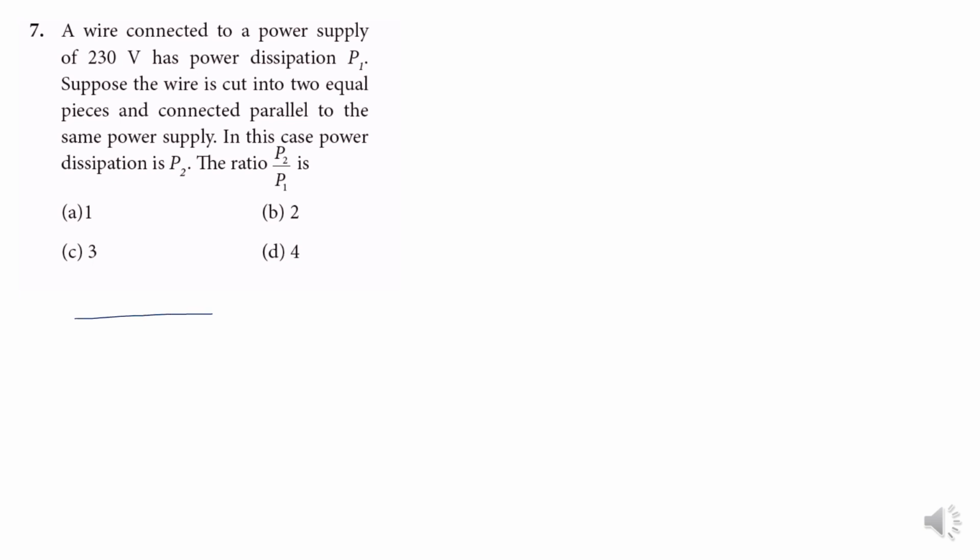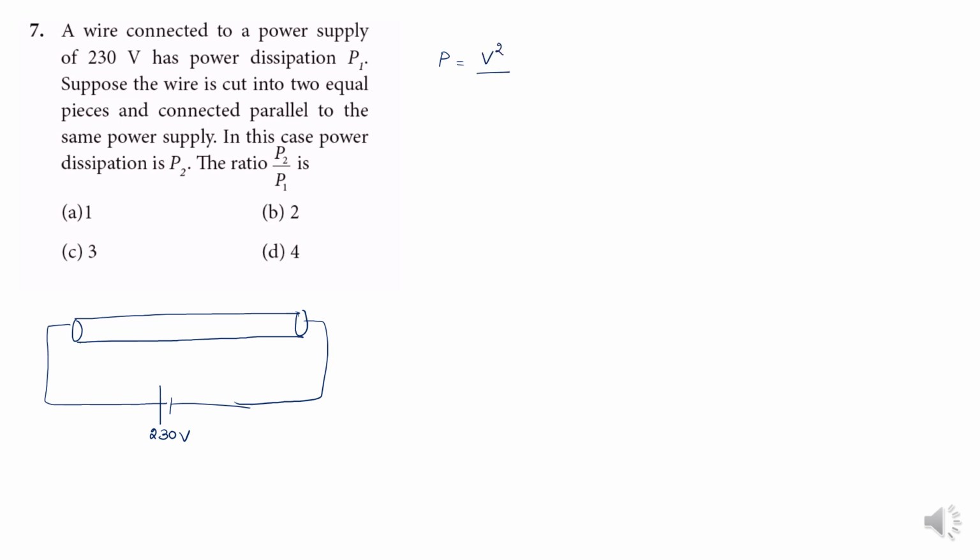Consider there is a wire connected across a power supply of 230 volt, and the power dissipation is P1. So the relation is P is equal to V square by R. So P1 is equal to V1 square by R1.